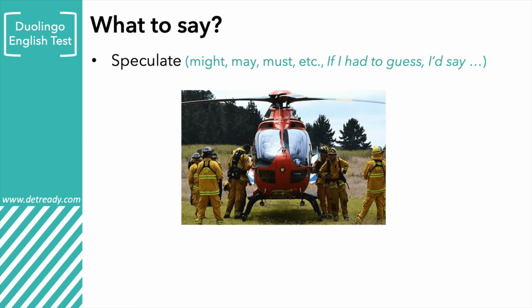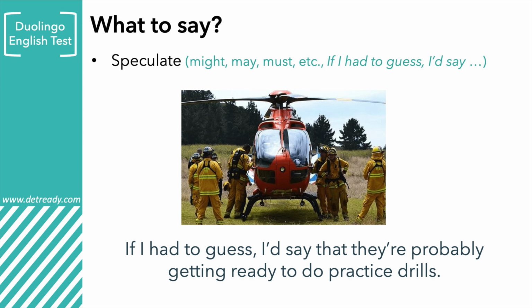You can also think about speculation. You don't have to say what's literally happening in the photo, you can speculate. To speculate, you can use language like might, may, must, or phrases like, if I had to guess, I'd say. And here's an example. If I had to guess, I'd say they're probably getting ready to do practice drills. Okay, so when you are describing a photo, you can speculate.